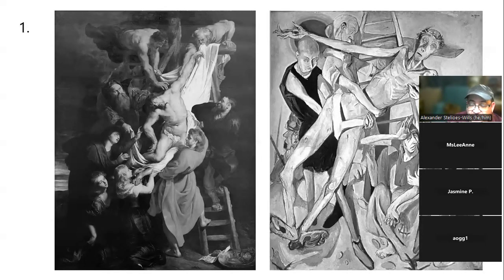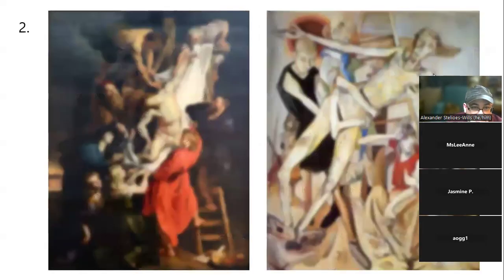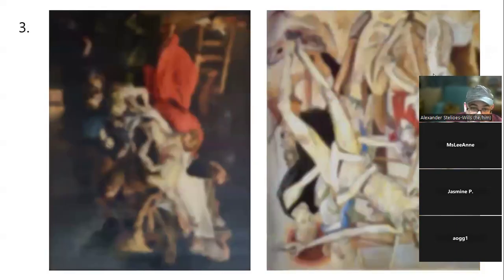One of the ways is I show you purely black and white versions of them to help you see what's going on in terms of value contrast in both of the images. I also show you them blurred, as well as even more blurred, and upside down blurred.